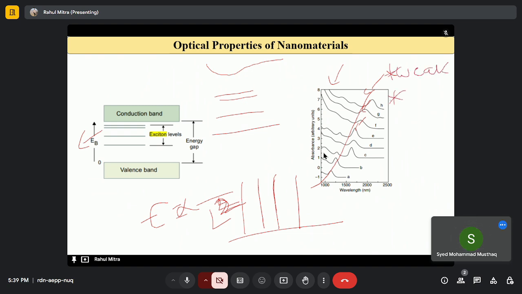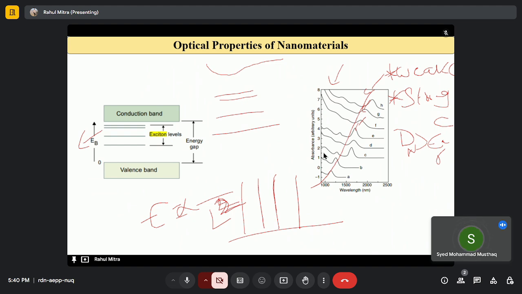Now, in weak confinement, the dimensions of the nanomaterial are greater than the exciton radius, right? So there is a correlation. Then the electron and hole are a correlated pair. Under these circumstances, the Coulombic interaction between the electron and the hole leads to an increase in the exciton binding energy. This causes a shift of the exciton peaks towards the blue. That is the reason why this peak shifts towards the blue.